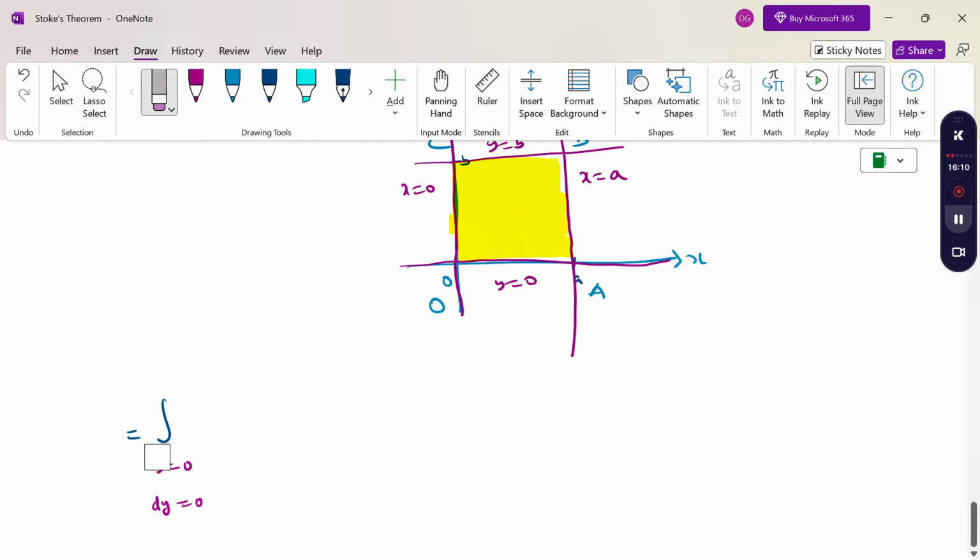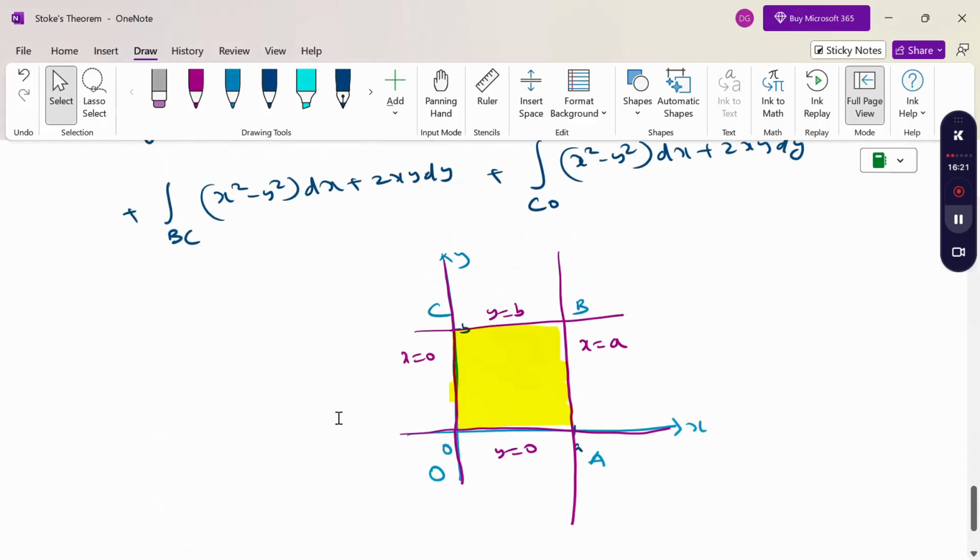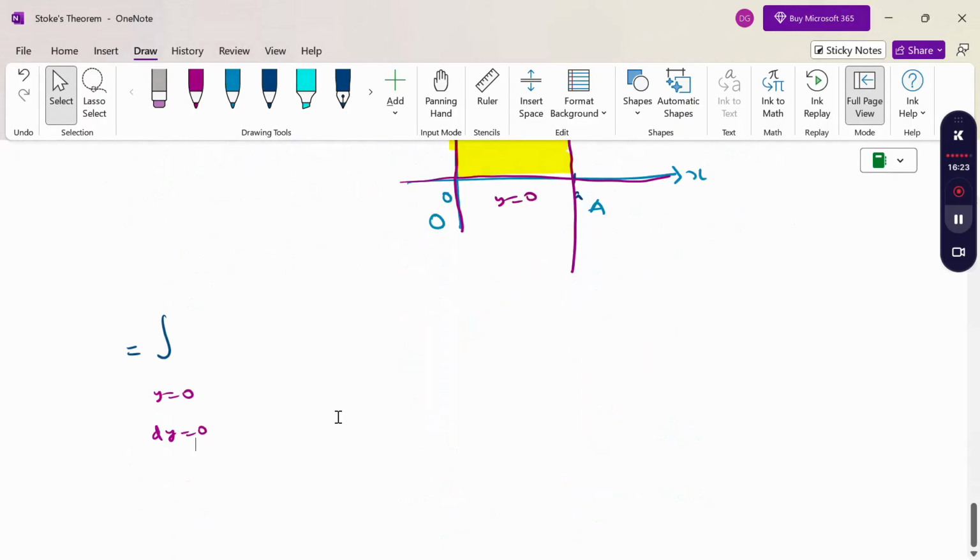Now see this line: y equal to 0, dy equal to 0. This line equation is nothing but (x square minus y square) dx plus 2xy dy. So what is the next?